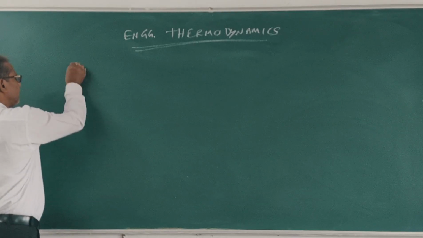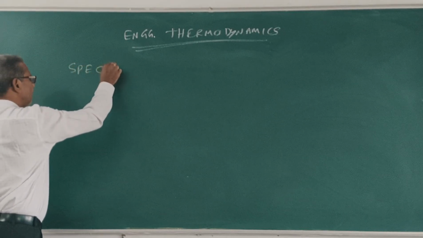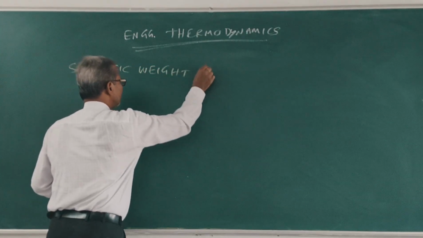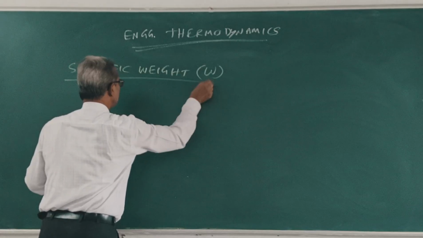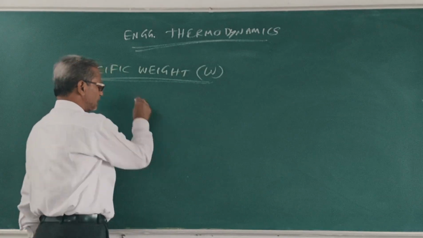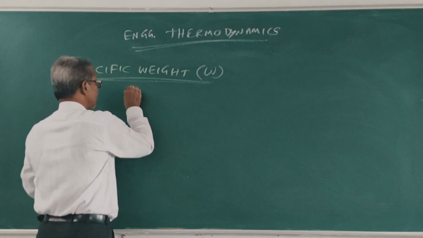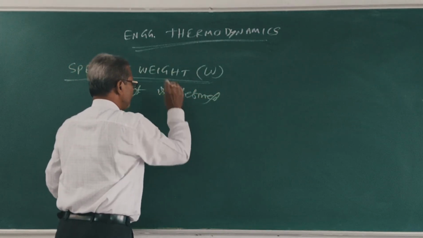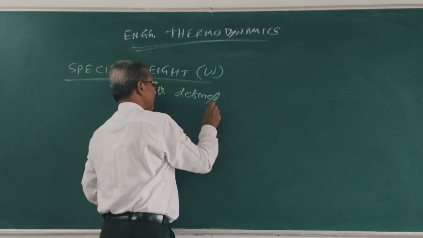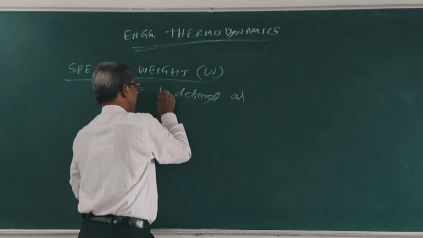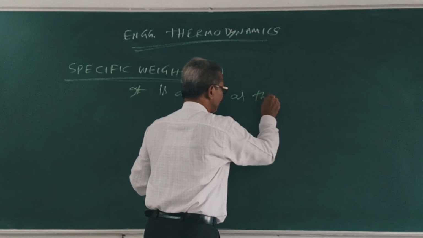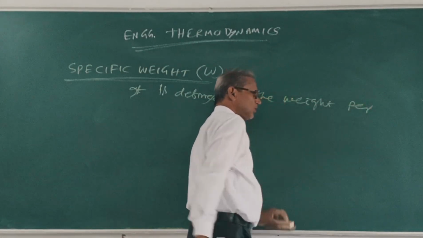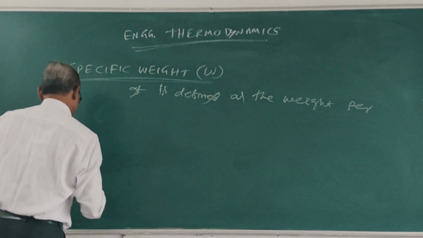Next, specific weight. Small omega. It is defined as the weight per unit volume.